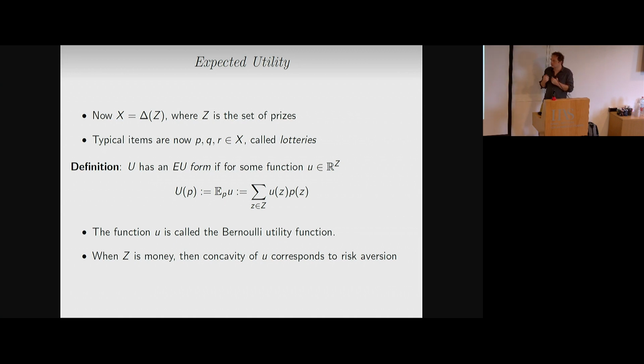It's called the Bernoulli utility function of Z. And you've studied that in your first year classes as well. And you know that when Z is money, then concavity of u corresponds to risk aversion. And the more concave u is, the more risk averse the agent is.